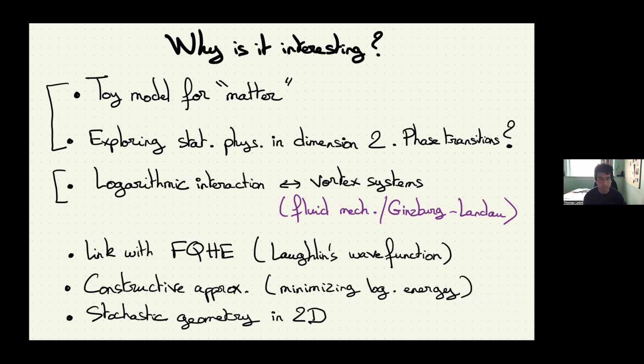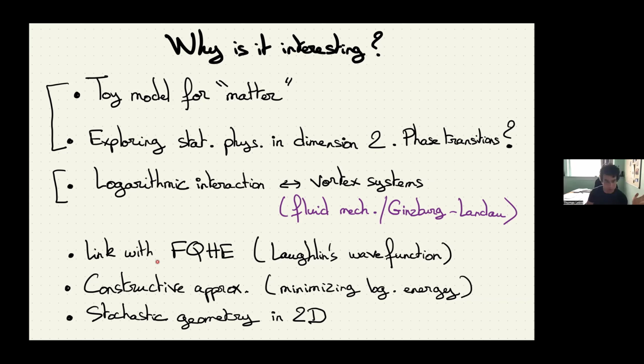The fact that you have logarithmic interactions between these charges also appears in different contexts. For example, in vortex systems, or fluid mechanics, or in Ginzburg-Landau models. I did my PhD with Sylvia Serfaty, and that's where she came from, in the sense that studying Ginzburg-Landau equations led her to study those vortex systems, and then those logarithmic interactions, and then the 2D OCP.